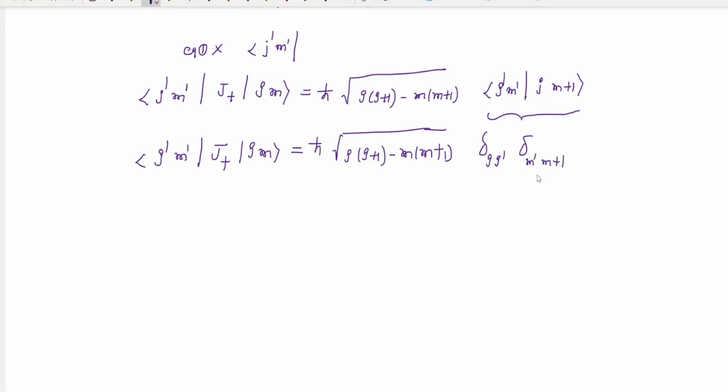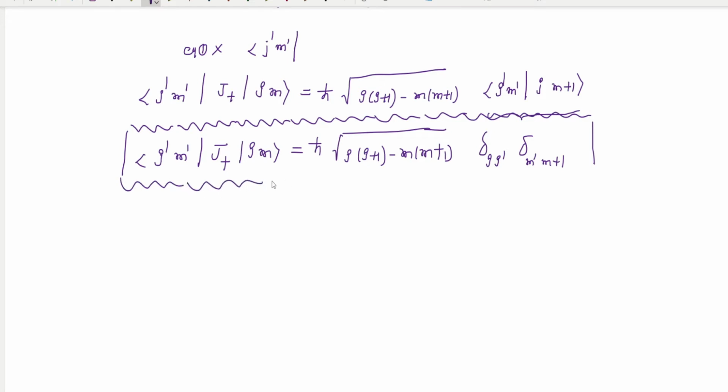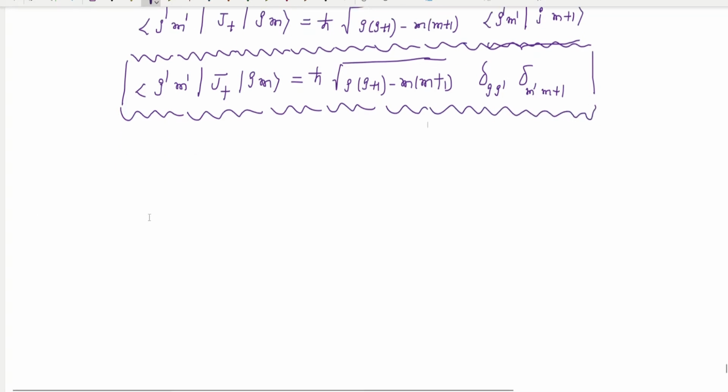From this equation, you can easily find the matrix representation of the J plus operator on a given quantum state. So many uses are there.